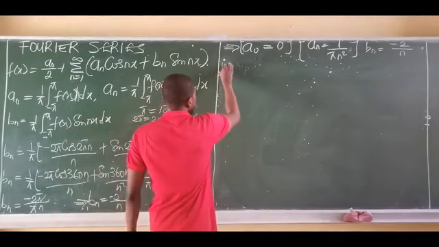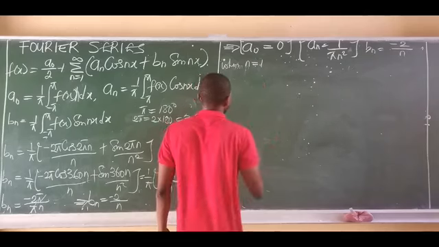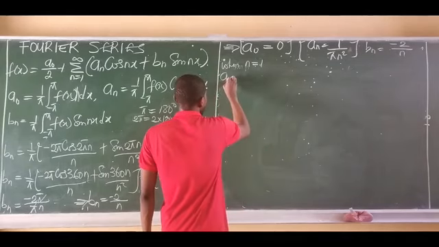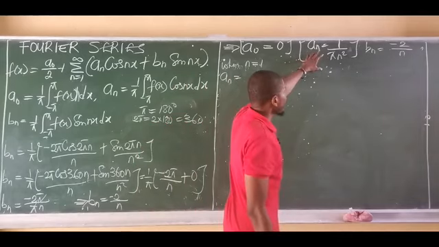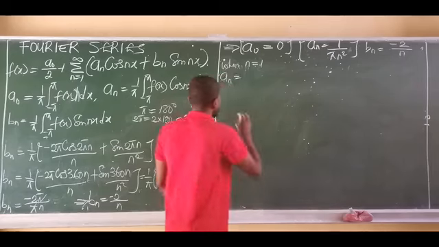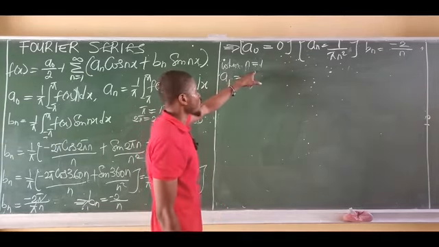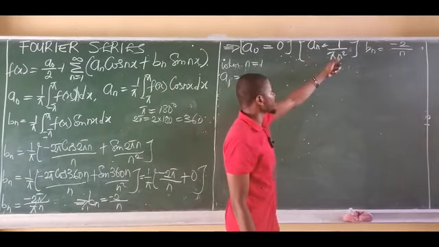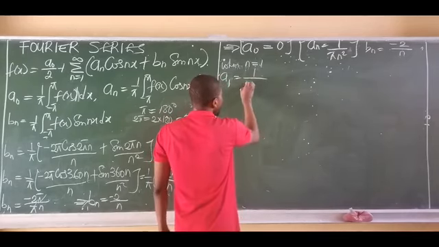So when n is equal to 1, from what we've obtained, an gives us 1 all over pi n squared. Then a1, because we are simply saying when n is equal to 1, let's put it into this relationship for an. This becomes 1 all over pi.